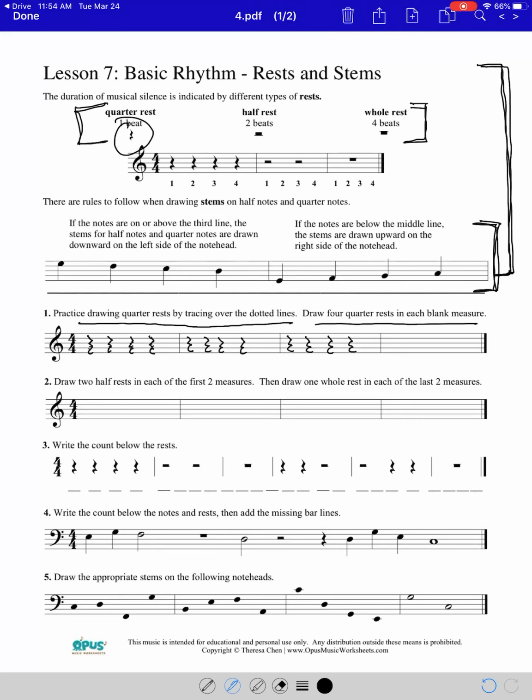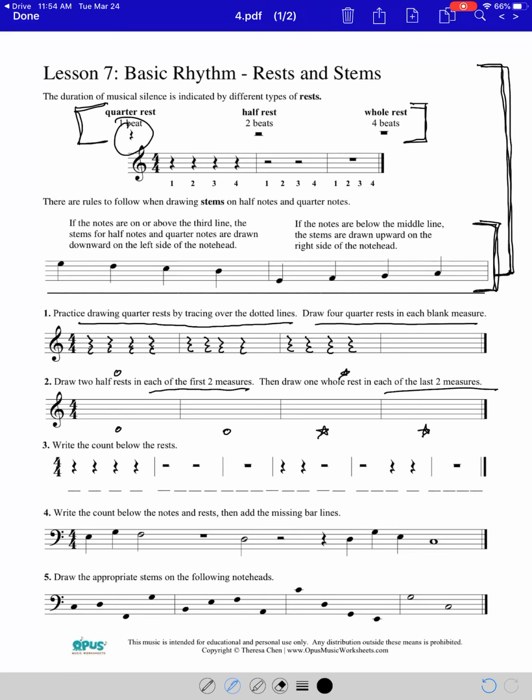So that's super easy. Next, question 2 asks you to draw 2 half rests in each of the first 2 measures, and then draw 1 whole rest in each of the last 2 measures. So this measure here and this measure here are going to be our whole rest, and this measure here and this measure here are going to be our half rest.